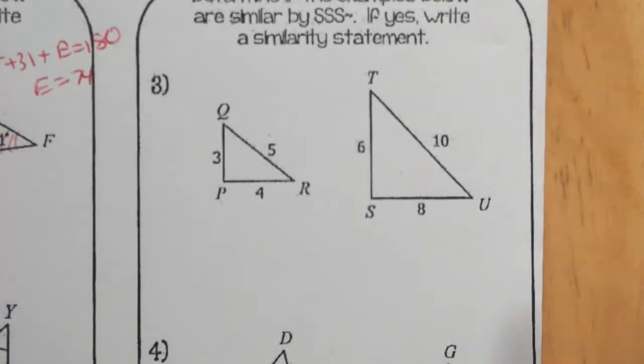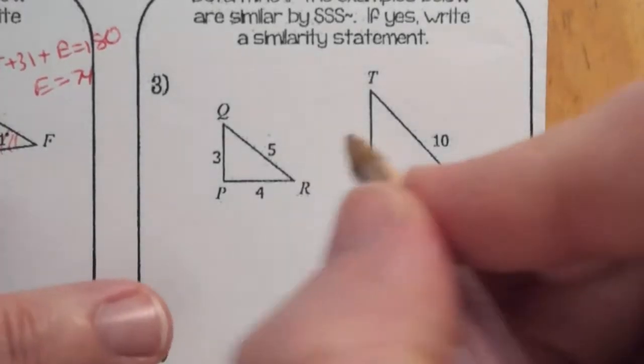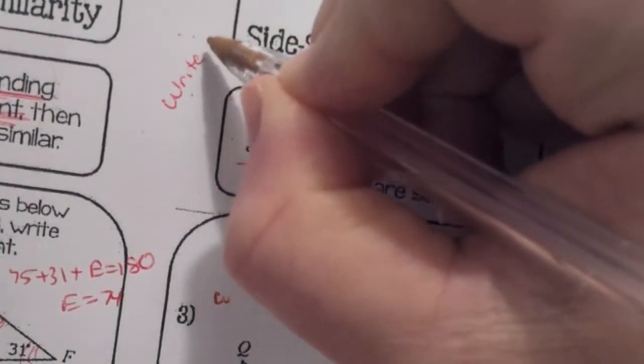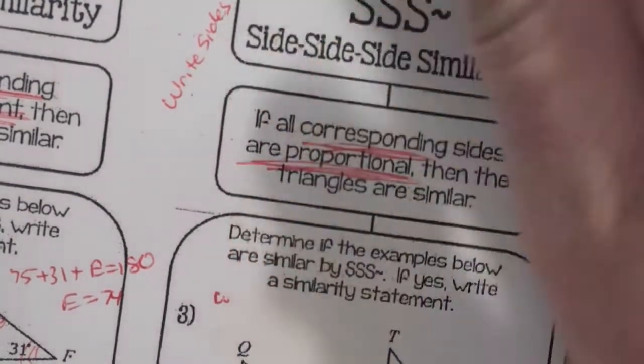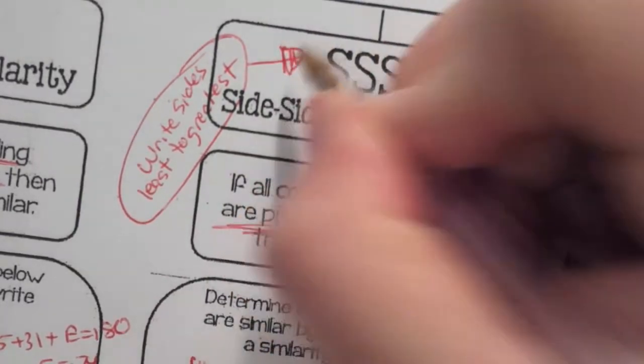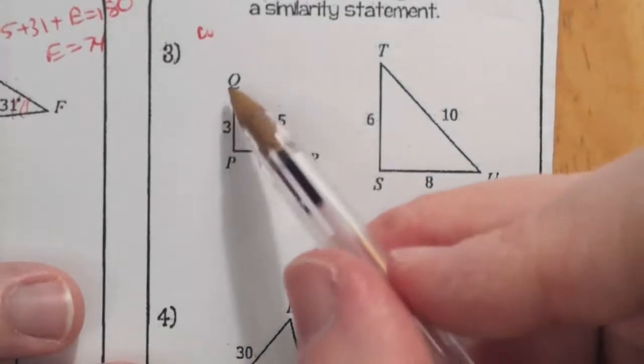Okay, the best thing you can do for this is write the sides from least to greatest. And I just like to always do that. That just helps me out. All right, so right here we have all three sides.